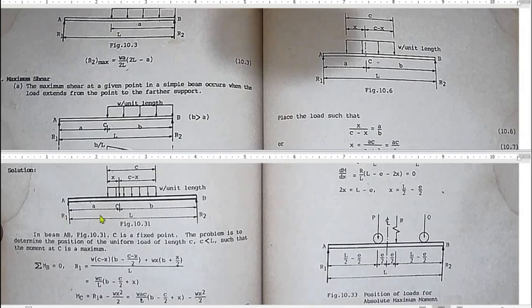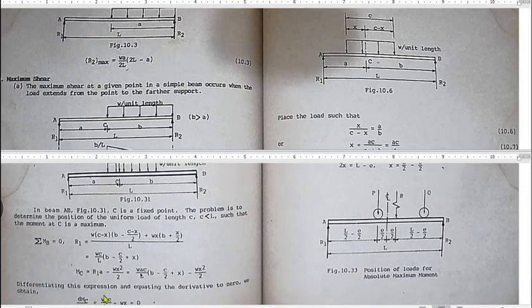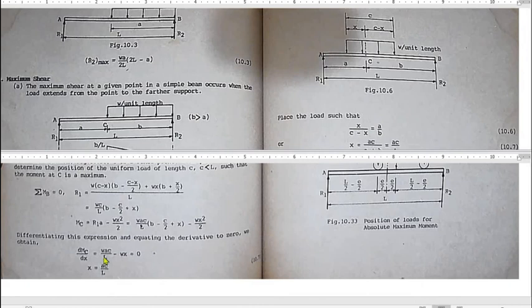Okay, so R1 times A minus WX times X all over 2, which is equal to this. So that is your moment at C. Differentiating this expression and equating the derivative to 0, we obtain x is equal to AC all over L.